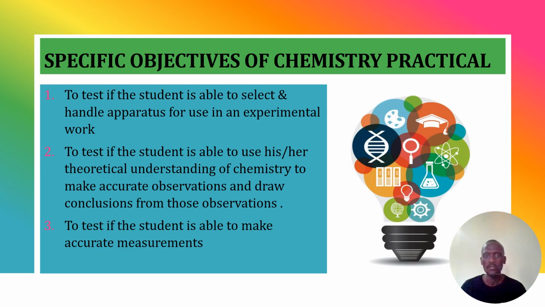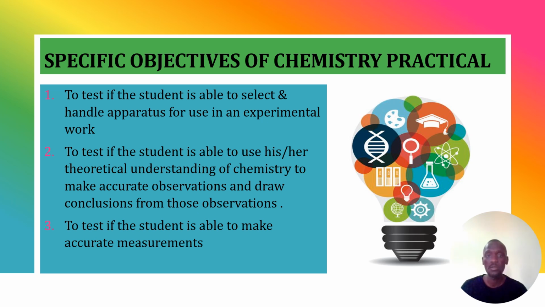Before we proceed with our lesson, the first thing to be done is to know the objectives of chemistry paper 3. First, the student should be in a position to select and handle the apparatus used in chemistry practicals.